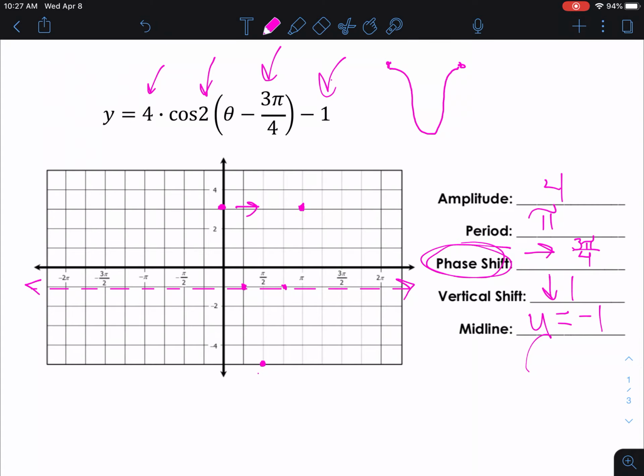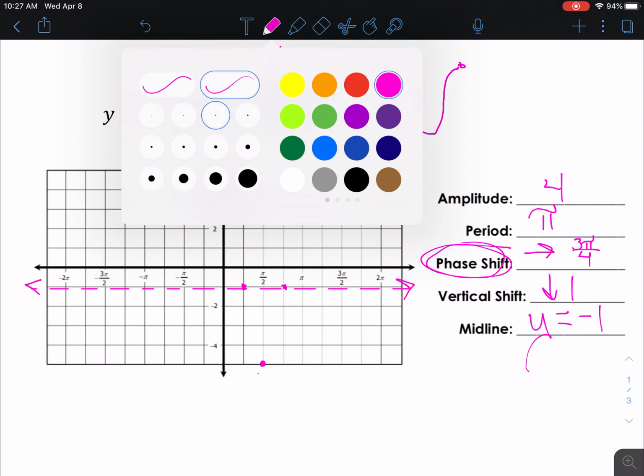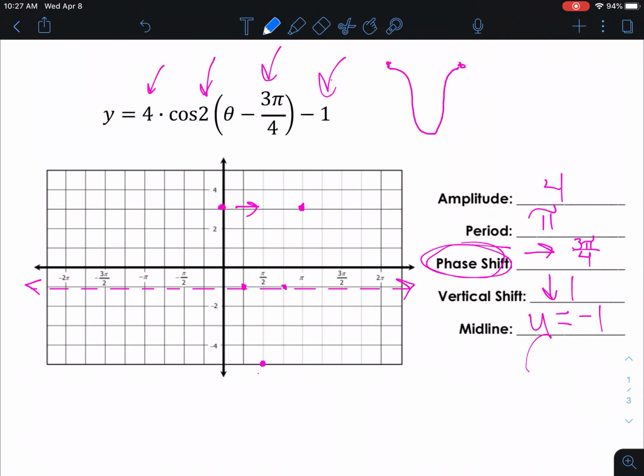So I'm going to do that in a different color. Let's go blue. If I move this first dot 3 units over, I would be here. And then this second dot, I'm going to move 3 units over too. So 1, 2, 3, I would now be here.